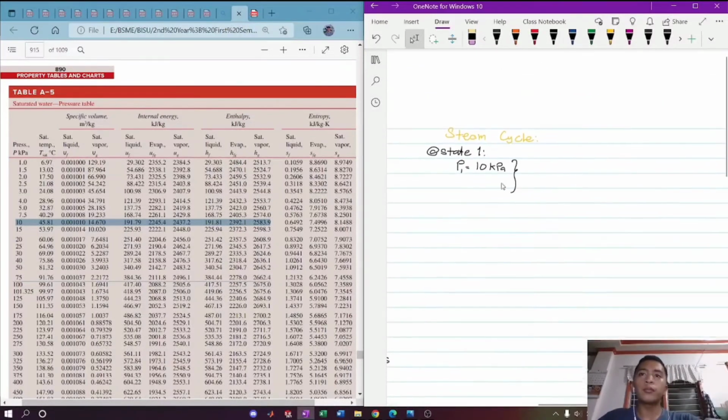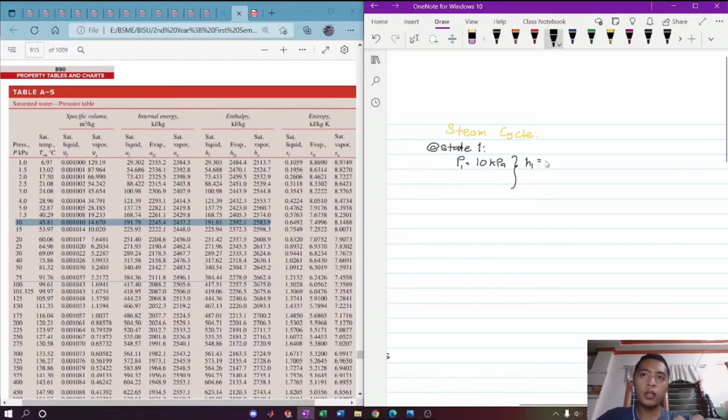So H1 is 191.81 kilojoules per kilogram, and the specific volume V1 is equal to 0.001010 cubic meter per kilogram.